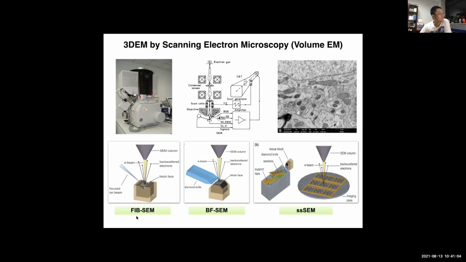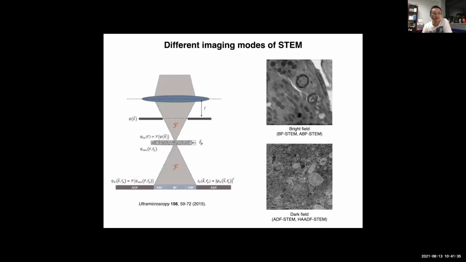One is called focused ion beam SEM, the second is called block-face scanning electron microscopy, and the third one is called serial section SEM. And these three different techniques are very useful to study the 3D morphology and the 3D architecture of complex tissue samples. And it has been proved quite useful in developmental cell biology and brain science. But how about scanning transmission electron microscopy?